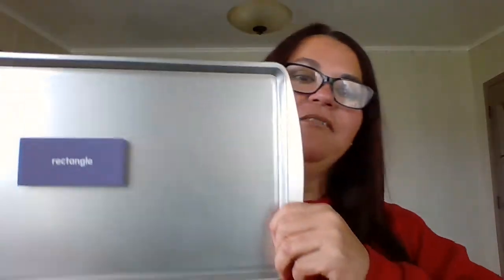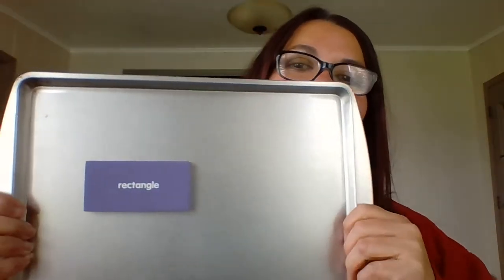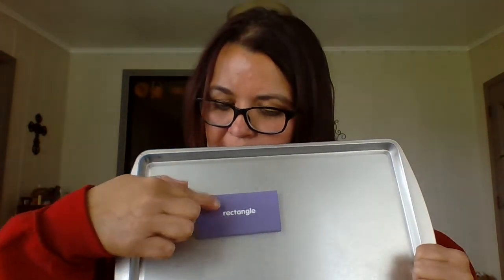Now what do I have? What is this? This is a rectangle. A rectangle has 4 sides. 1, 2, 3, 4. Now with the rectangle, remember 2 sides are long and 2 sides are short.